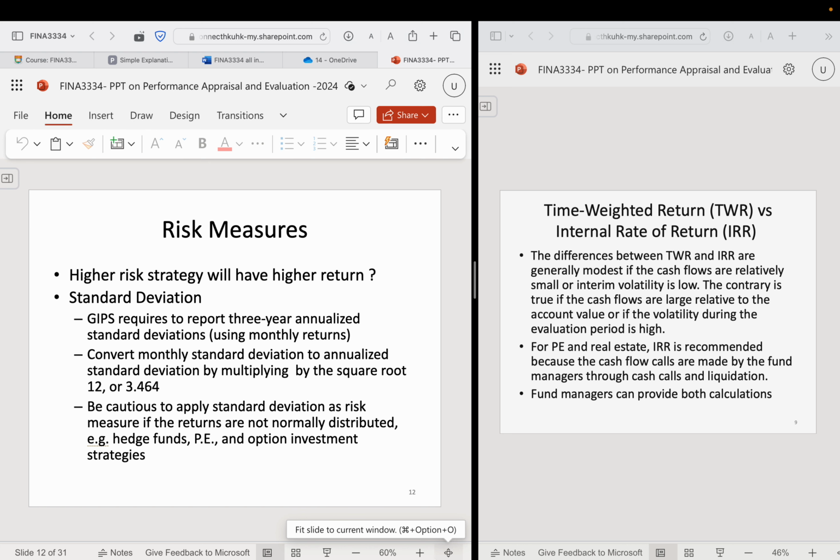How much return? Calculate. What's the return? 1,222.